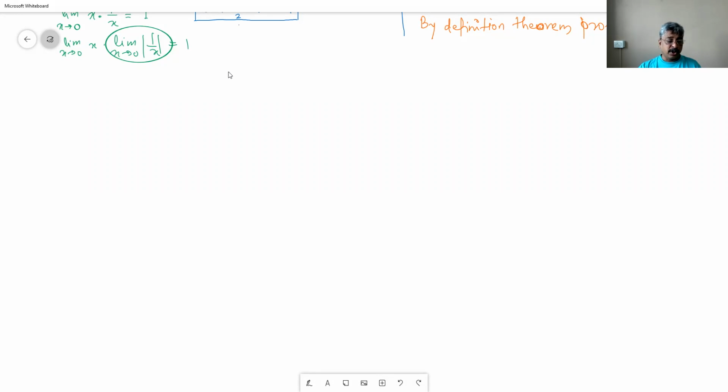Then we proved the reciprocal theorem, where we required a lemma in which we proved that mod L by 2 is less than mod f of x, and both are positive. Having proved the reciprocal theorem, we declare that the ratio theorem is also available.